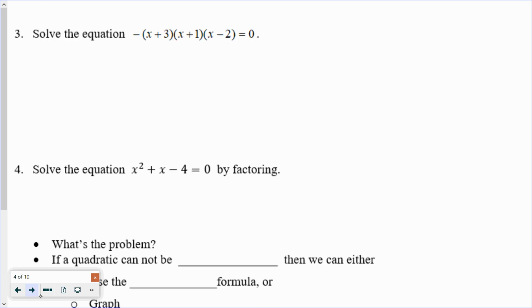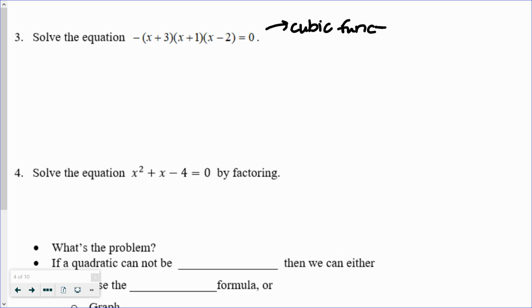So on to the next one. Solve the equation negative x plus 3 times x plus 1 times x minus 2 equals 0. So this actually, if we multiplied this all out, is a cubic function. I will not ask you to factor a cubic function because we don't actually have that piece of information for how to factor it at this level.